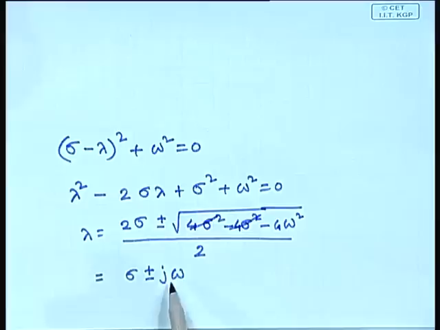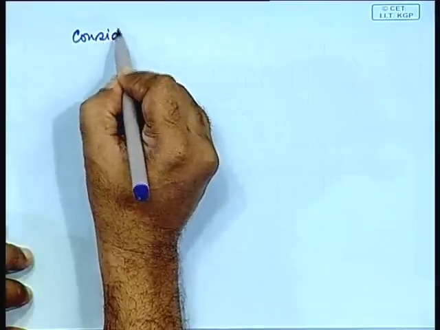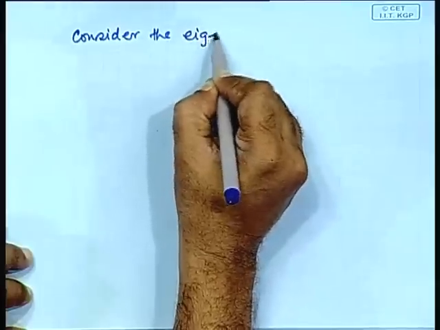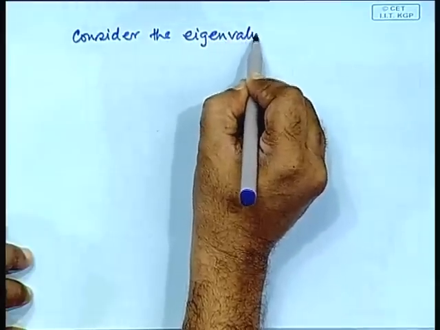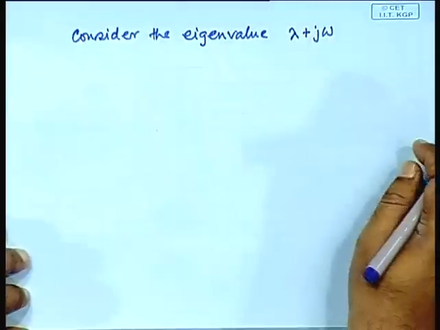So, we will not consider them separately, we will start with only one, say sigma plus j omega. So, consider the eigenvalue sigma plus j omega.